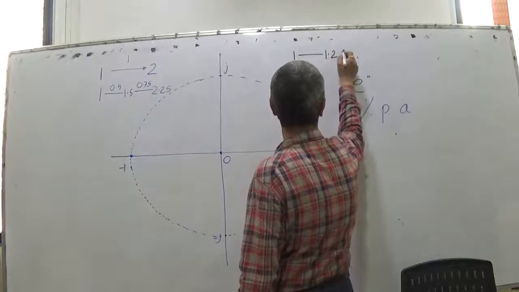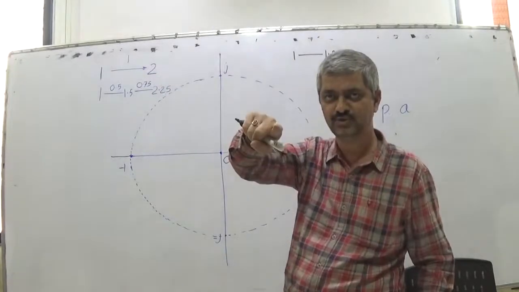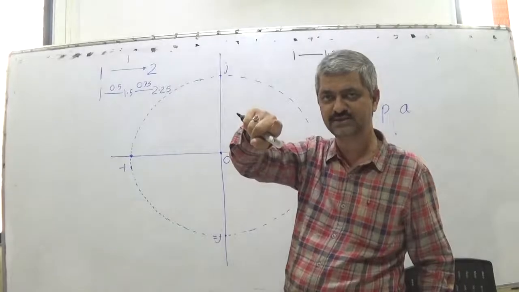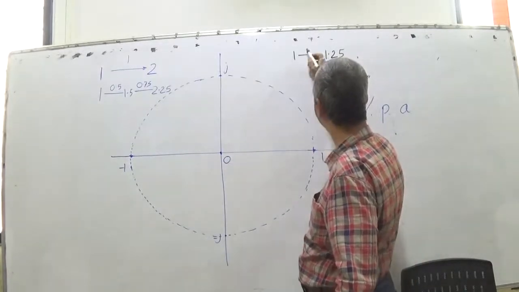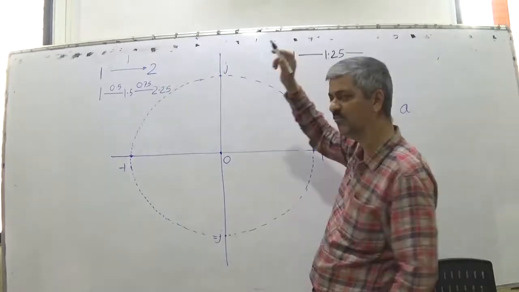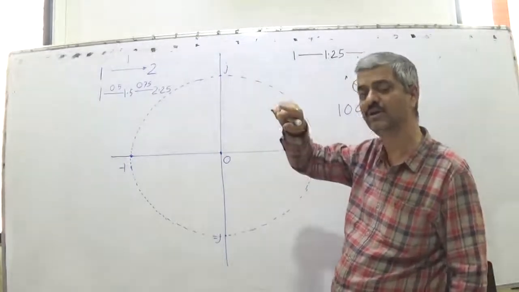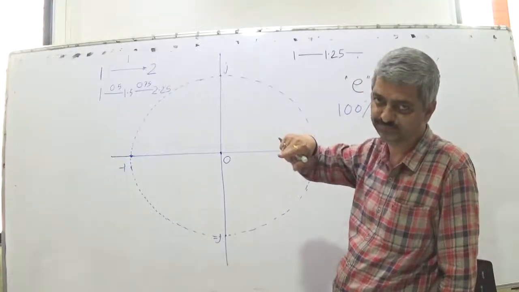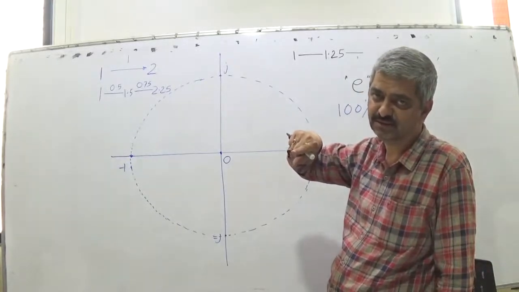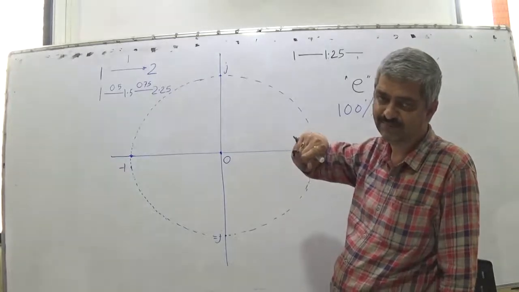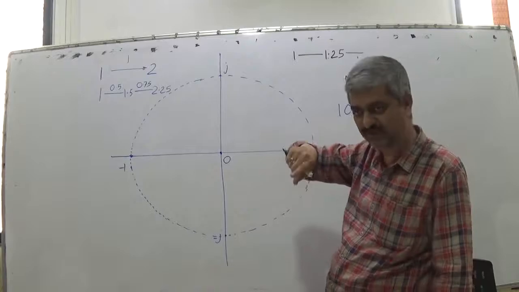After 1 quarter at 100% per annum, so 25% per quarter, it became 1.25 after 3 months. After further 3 months, how much will it become? 1.25 into 1.25.